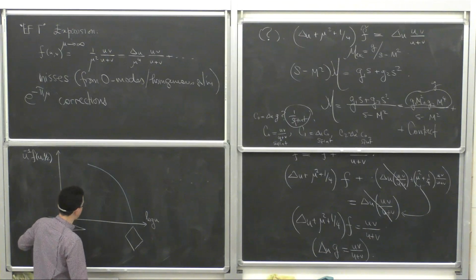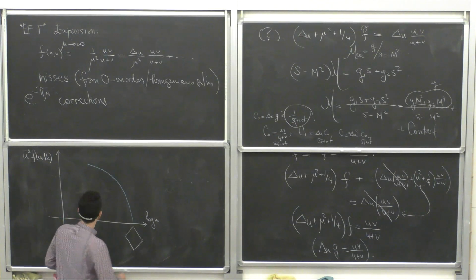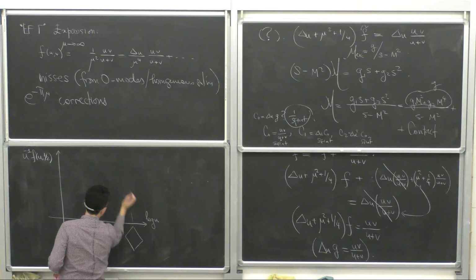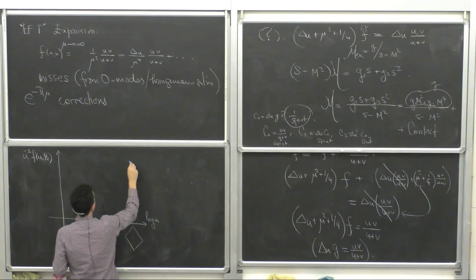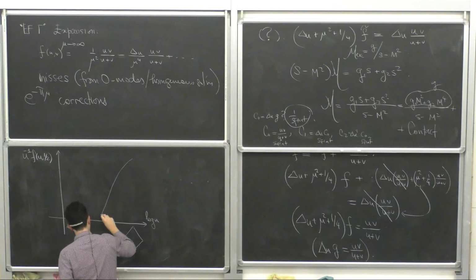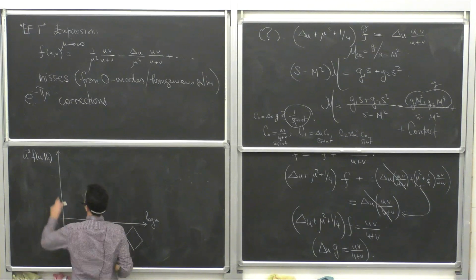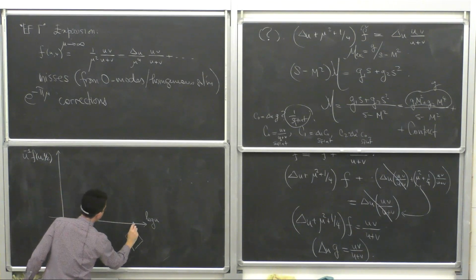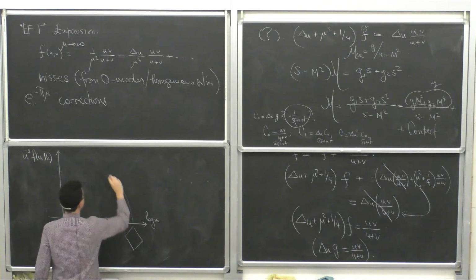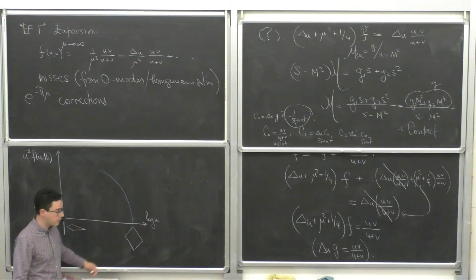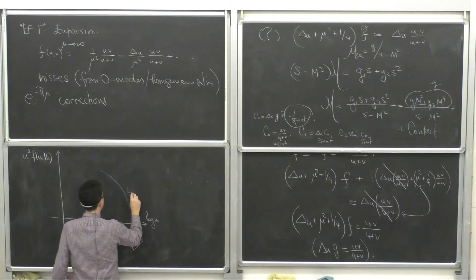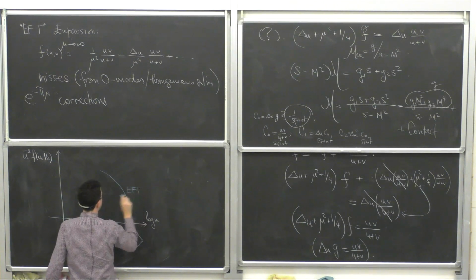It looks like it's going to 0. It's because of the U to the -1, okay? But the signal is really the strongest here, just because of contact interaction. So this is the effective field theory part.